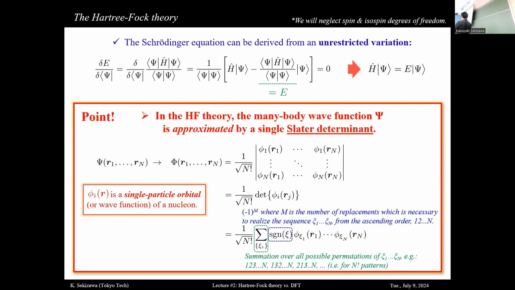Yeah, so this is just what I explained here. Those are just notation for Slater determinants that may be used in my lecture. Just to remind you, small phi represents the single-particle wave functions, or single-particle orbitals, for neutrons or protons.